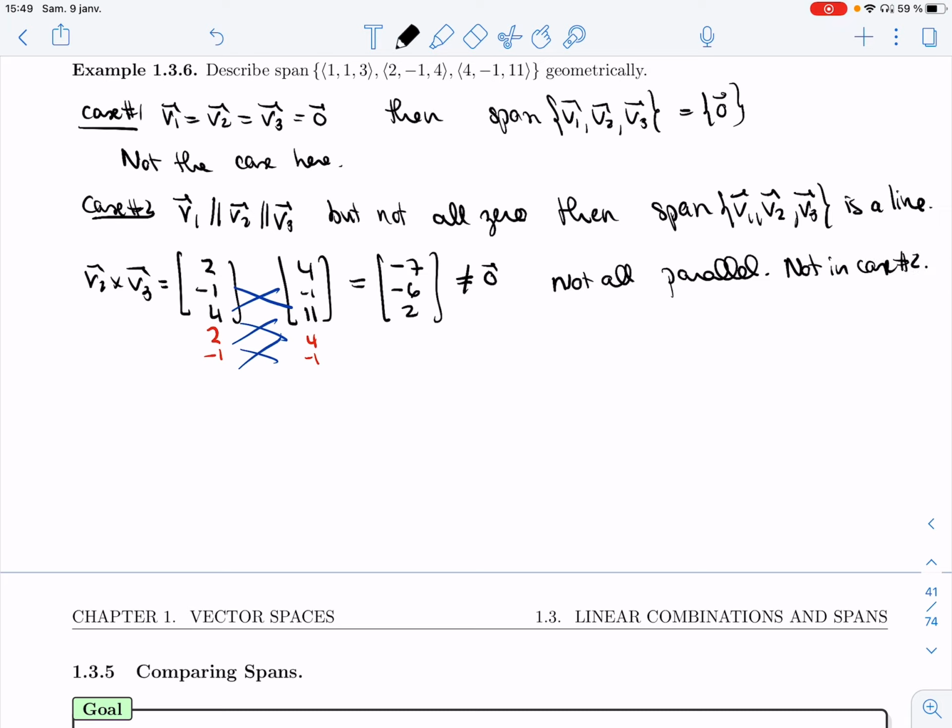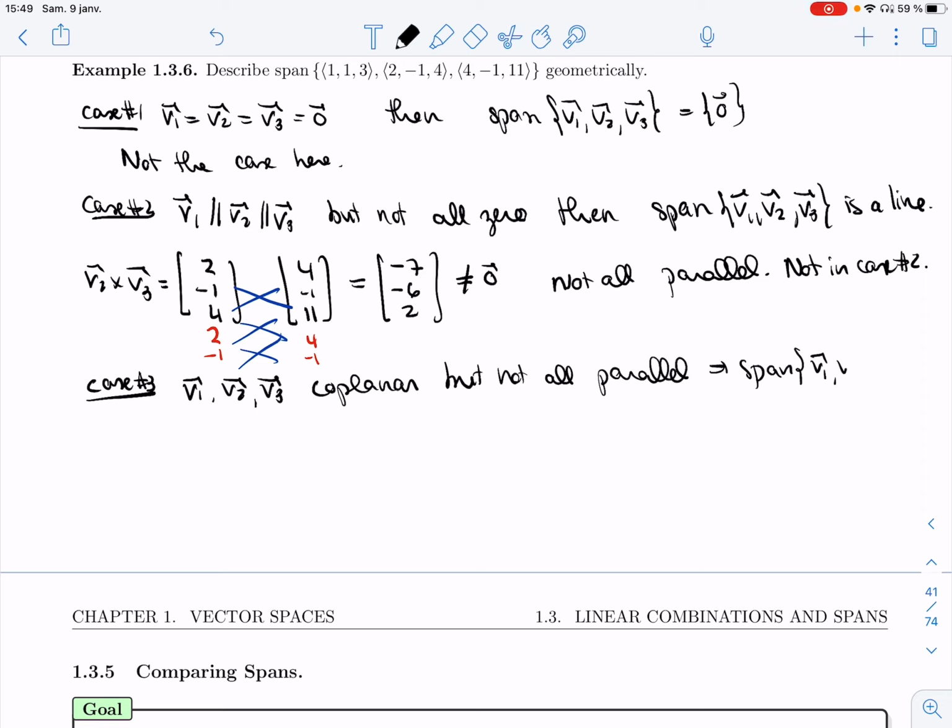All right, so we've narrowed it down. It's either going to be a plane or all of R3. To check whether it's a plane, you need to check whether they're coplanar. Then the span would be a plane.